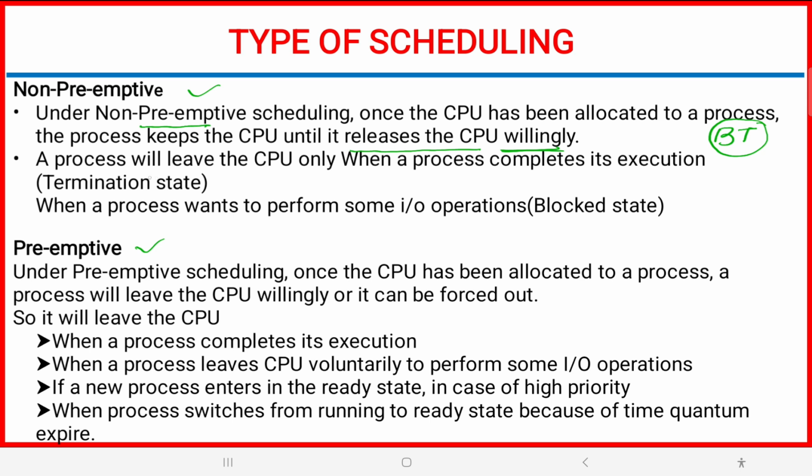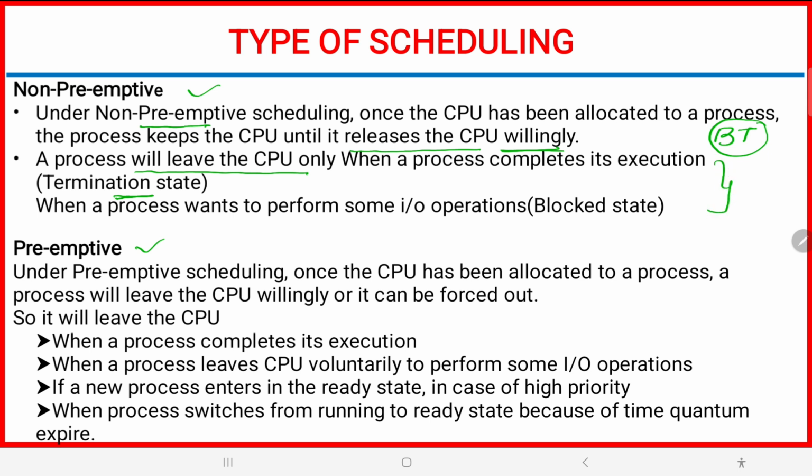Fine. And the process will only leave the CPU when it has terminated, or when that process which was executing needs to perform some IO activity, so it jumps from the running state onto the waiting state of IO devices. So depending on only these two situations, the process leaves the control of the CPU.